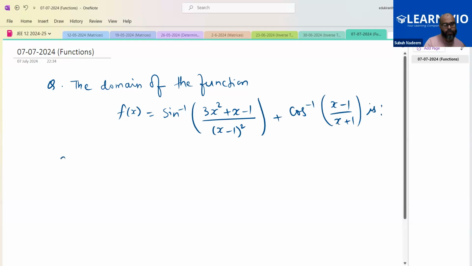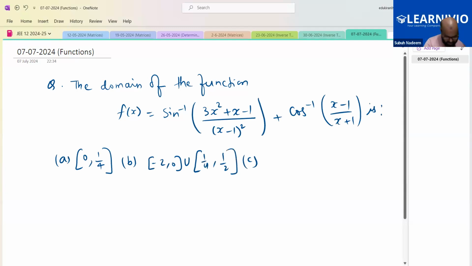Options are given. Option A is 0 comma 1 by 4. Option B is minus 2 comma 0 union 1 by 4 comma 1 by 2. Option C is 1 by 4 comma 1 by 2 union 0.